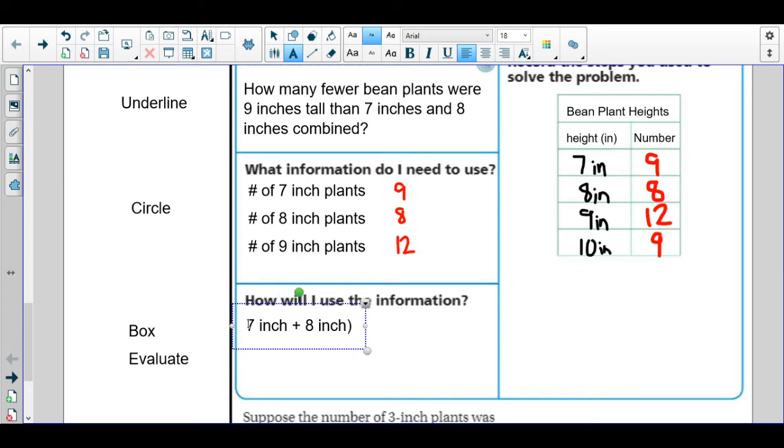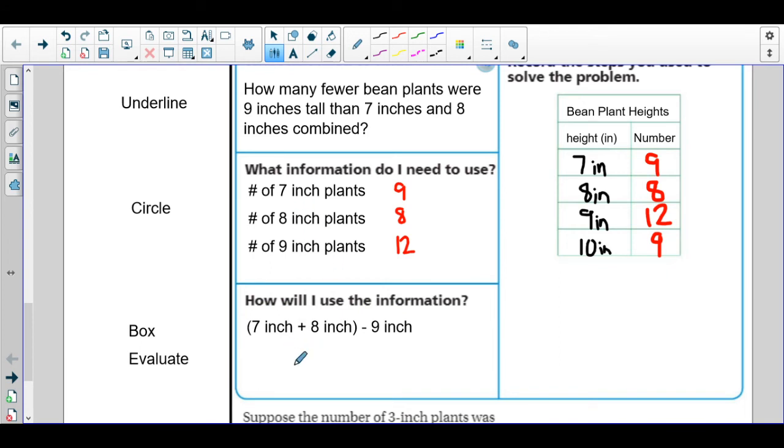Okay, that's the combined. So we're going to combine the total number of that. And then that number, we're going to compare against just the number of 9-inch plants.